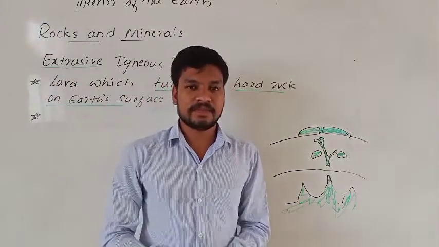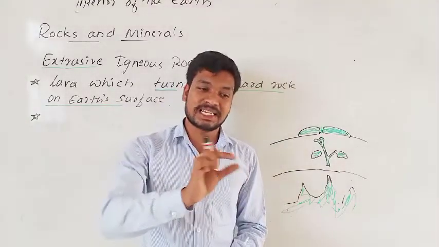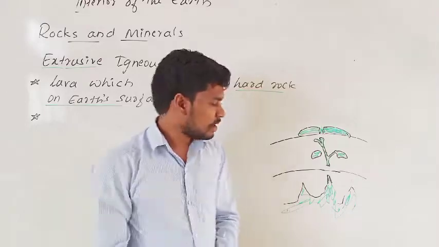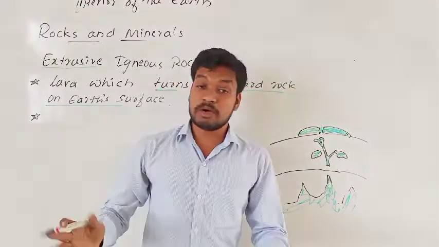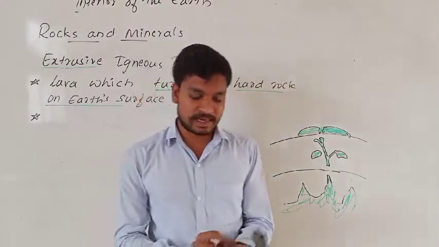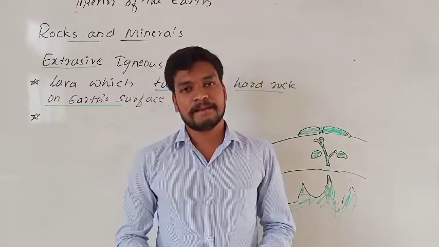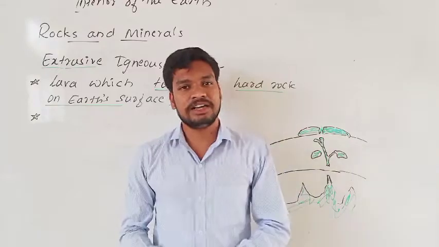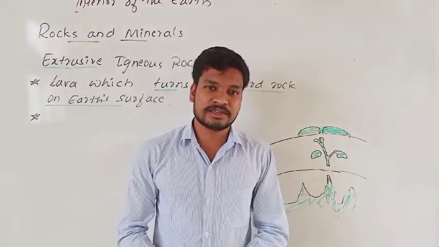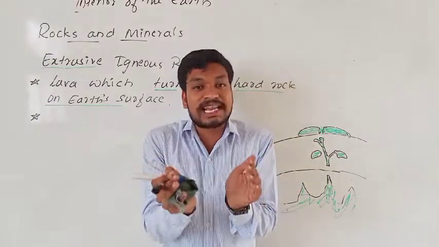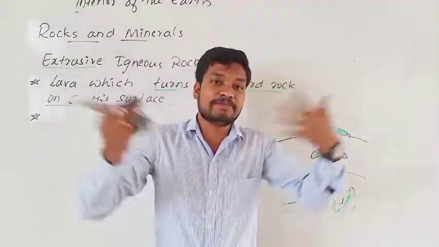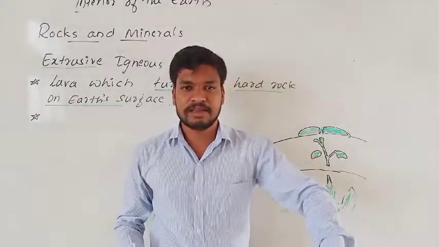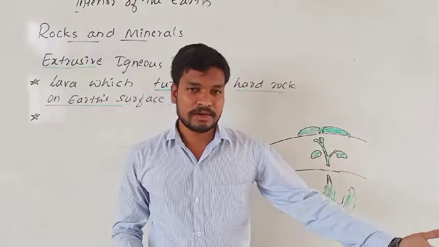On the Earth's surface, how many percent is covered by landmass? 30%. That means we have continents, important big continents like Asia, Africa, Europe, North America, South America, Antarctica, Australia, and other islands. All these are called landmass. The remaining part, covered by water like oceans and seas, is called water bodies.